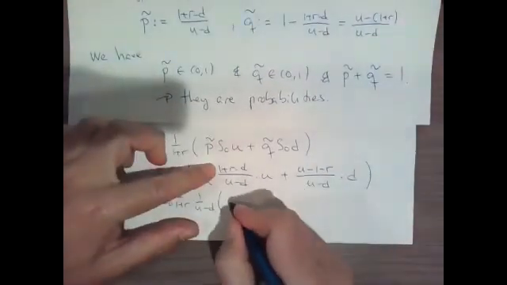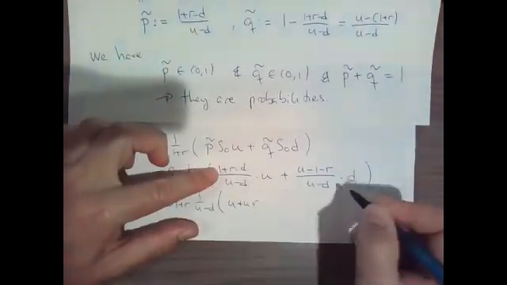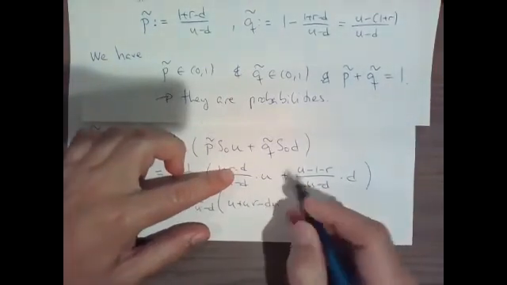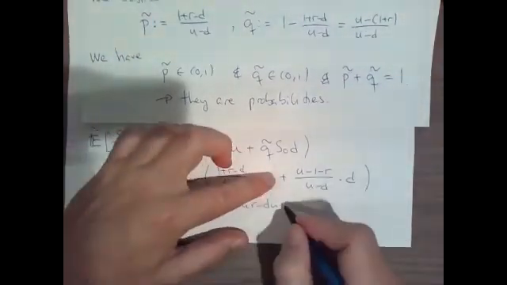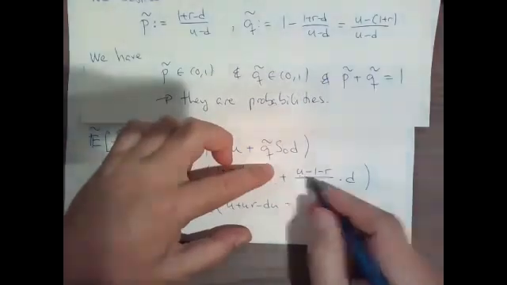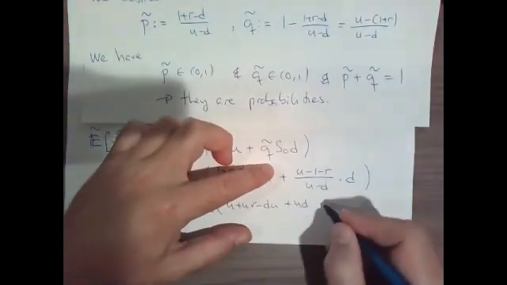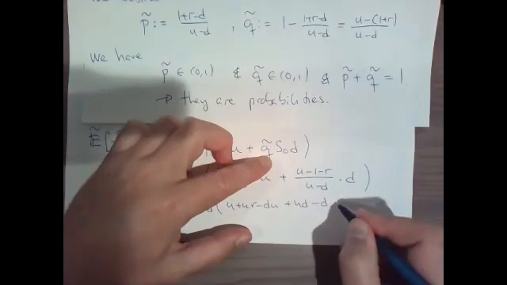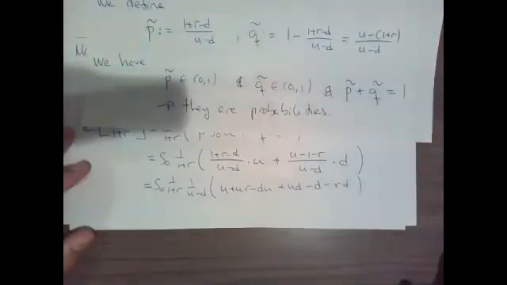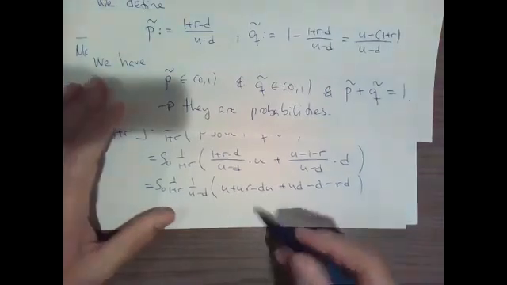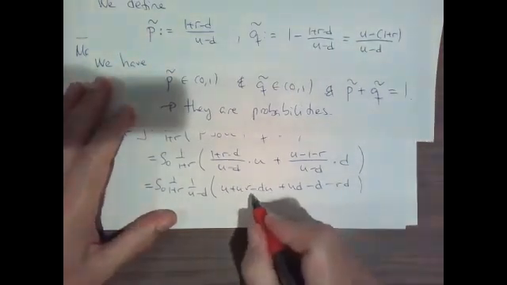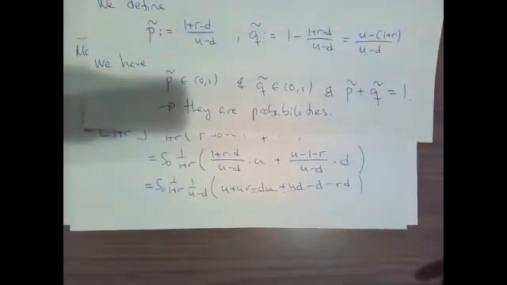I have U plus UR minus UD plus UD minus D minus RD. What do we end up with here? Well, you see two things canceling. This thing and that thing, they cancel each other.